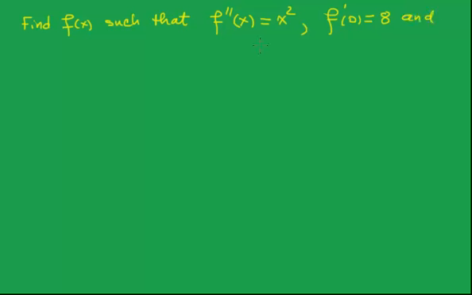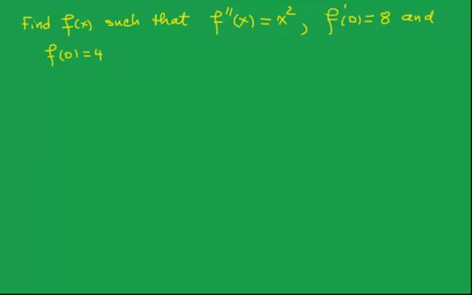Find f of x such that f double prime is not f prime, f double prime of x is x squared, f prime of 0 is 8, and f of 0 is 4.